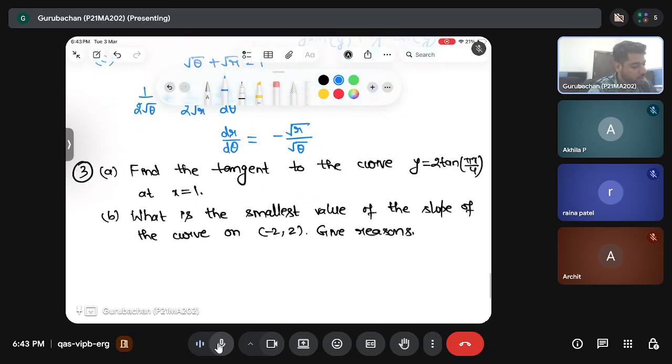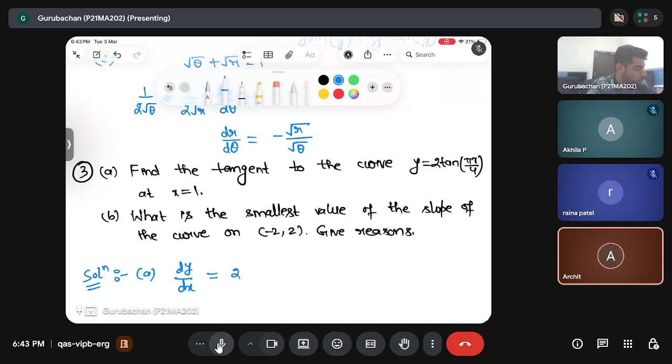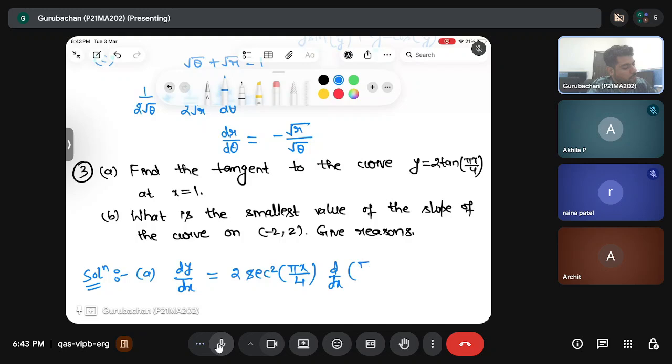Now what about this third one? What is the equation of tangent line? First of all, what is the slope of this tangent line? So dy by dx is? Sir, pi. Slope is equal to pi, and sir, equation is y equals to pi x plus 2 minus pi. Correct. So this will be 2 times secant square of pi x by 4 and d by dx of pi x by 4.